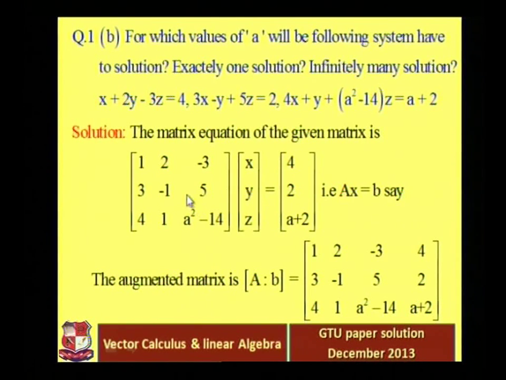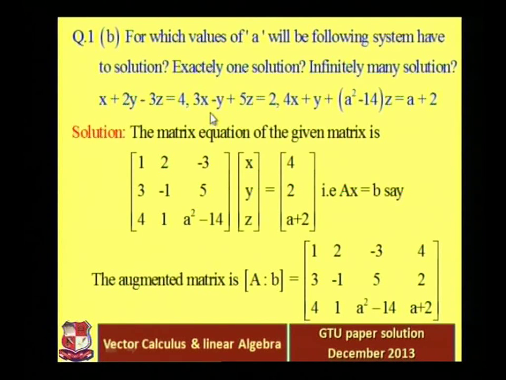AX is equal to B, right? What is A? A is a matrix which is coming from these three equations. The first row is exactly the coefficients of x, y, z in the first equation. You can see our first row is 1, 2, minus 3. So here is the first equation, x plus 2y minus 3z, and this is exactly the coefficient of x, y, z in the first equation, that is 1, 2, minus 3.